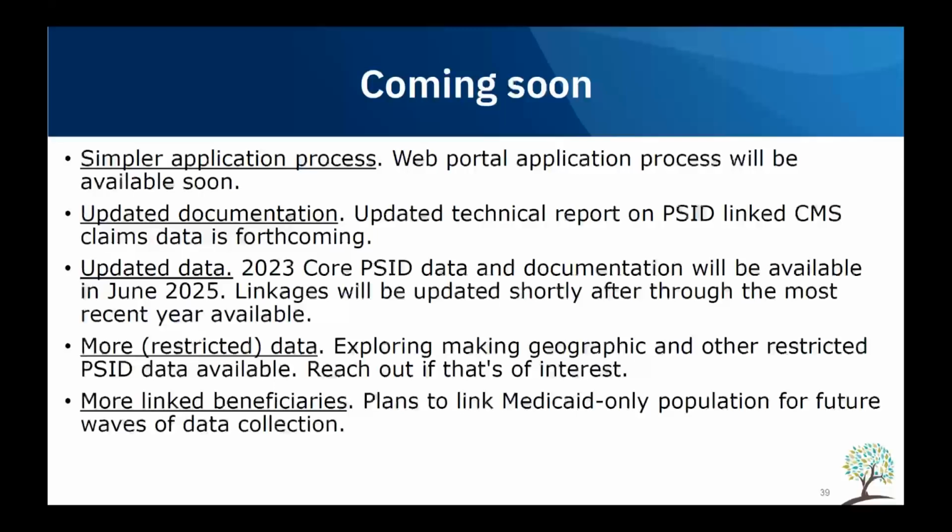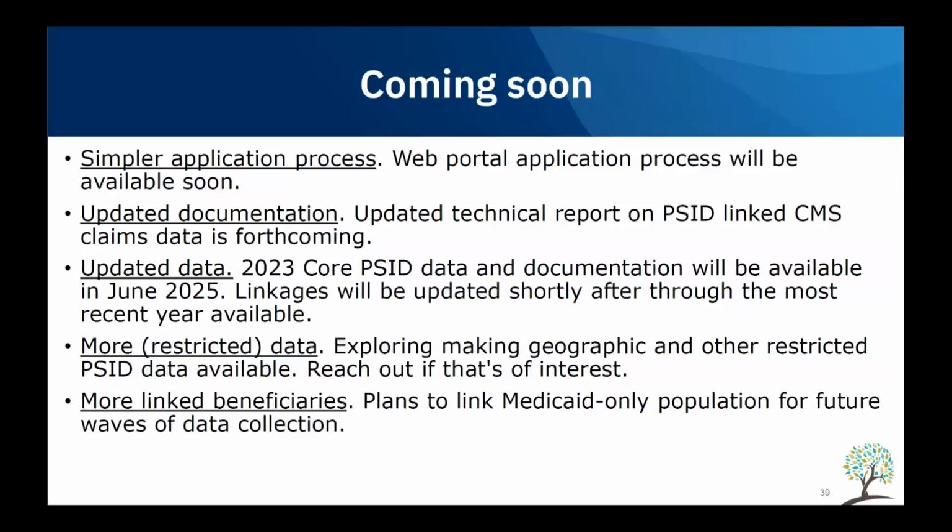So I mentioned that you email your application materials as a first step. We've been working on a web portal for the application process that should be available very soon and will simplify the process so it can be submitted right there through the web. We're working on updated documentation. The process changed when we moved over to the linkage enclave, but we also really haven't done an investigation of the linked versus not linked, some things I've talked about in a while.